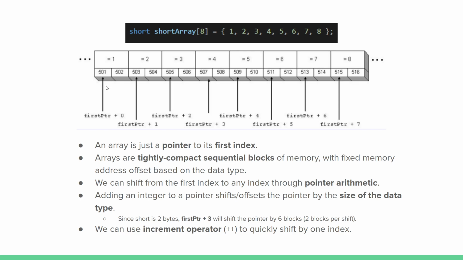So if you started with the very first one, 501, and then you have an array of 8, it creates the space for this amount. That's why we always try to say what the size of the array is. You can't simply just make it empty.